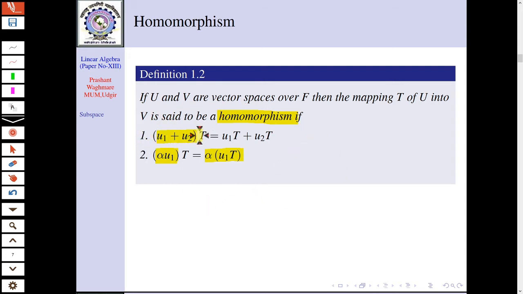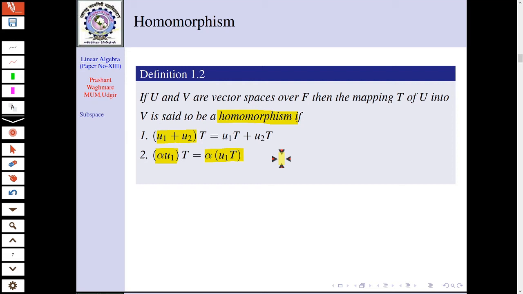You can see in the first condition, T of u1 plus u2, that is T over addition of vectors, is the same as T of u1 plus T of u2, and T of alpha u1 is the same as alpha times T of u1. So this is the definition of homomorphism, and one can observe here that clearly an example of homomorphism will be the zero homomorphism, right?